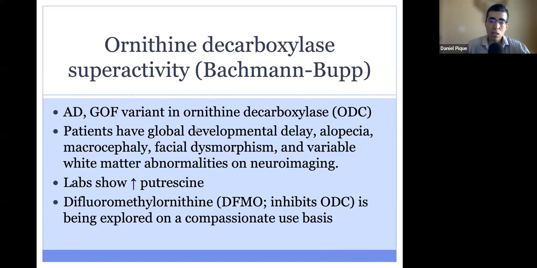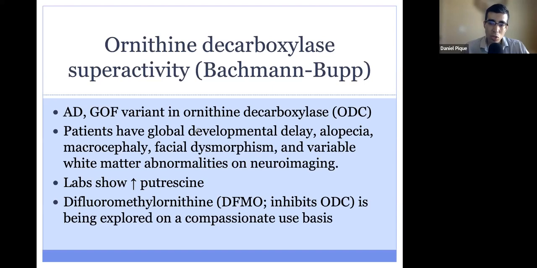Okay. So first up is ornithine decarboxylase superactivity syndrome, also known as Bachmann-Bupe. So this is a dominant disorder due to gain-of-function variants in ornithine decarboxylase. Patients have developmental delays, alopecia, macrocephaly, facial dysmorphisms, as well as white matter abnormalities on neuroimaging.